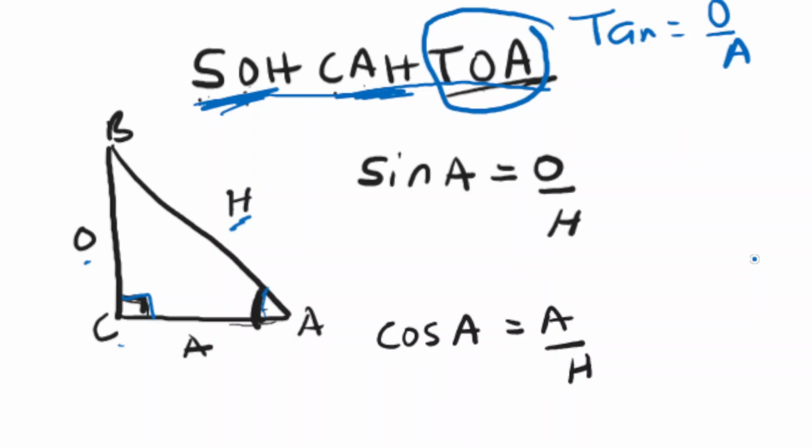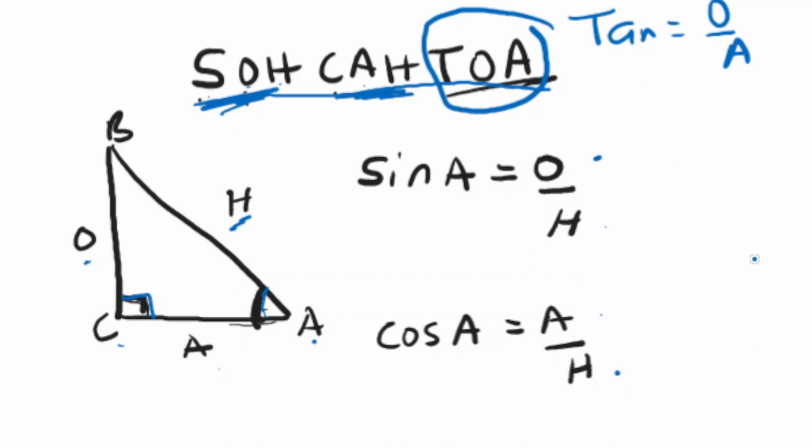If you are looking for sine, which is opposite over hypotenuse, then sine A is opposite over hypotenuse, and cos A is going to be adjacent over hypotenuse.